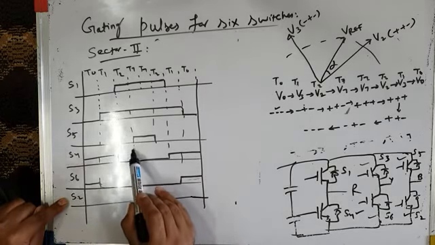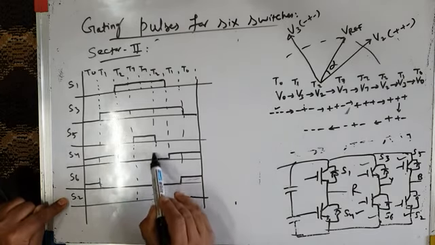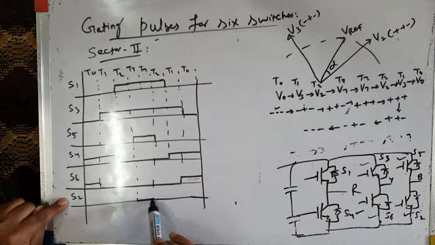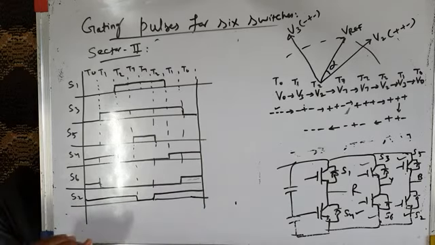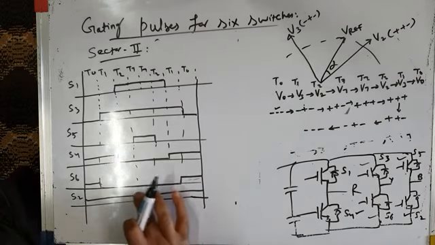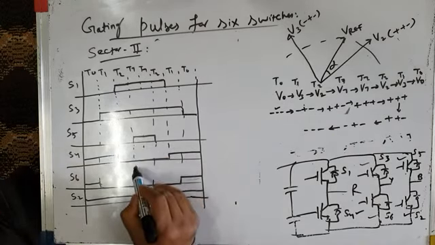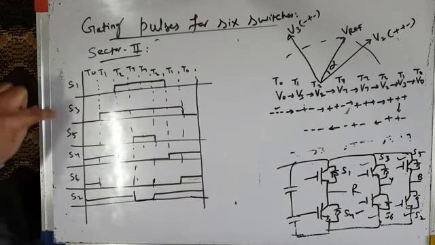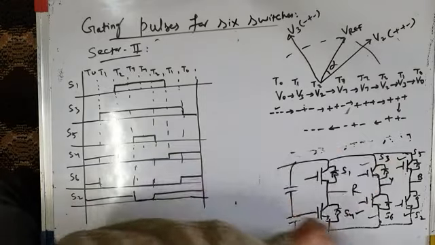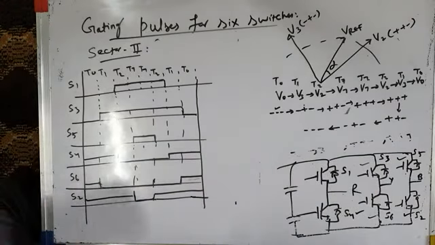S5 is high during these 2 intervals, तो इस इंटरवल में S2 की लो रहेगी, बाकी पूरे इंटरवल में S2 हाई रहेगा। So this is the control pulse pattern for all the 6 switches of inverter in sector 2.